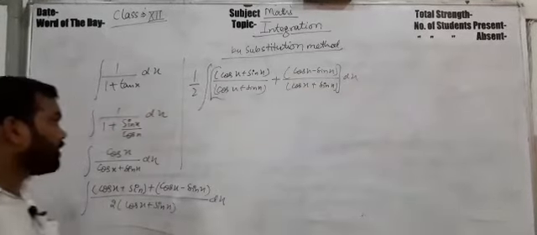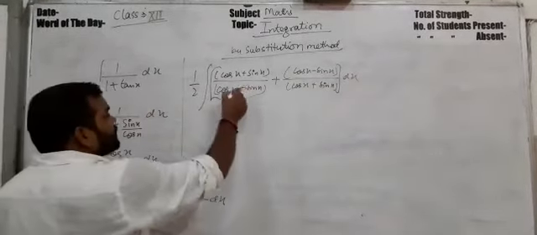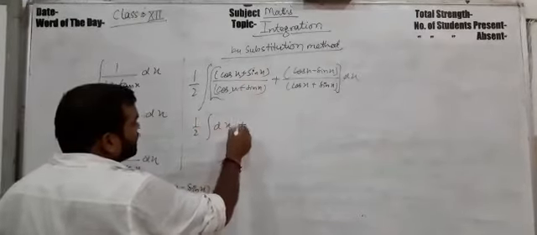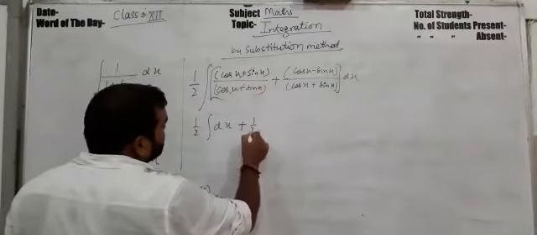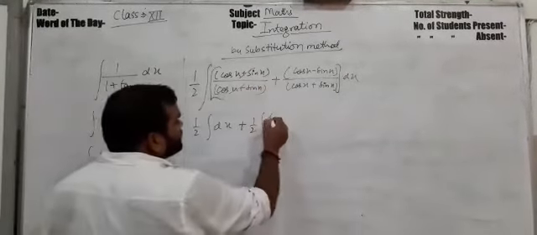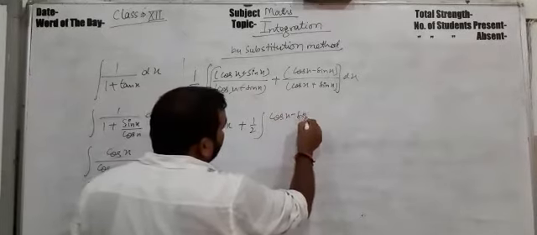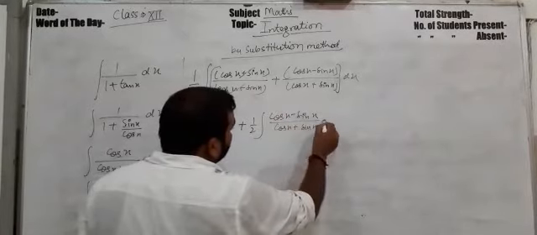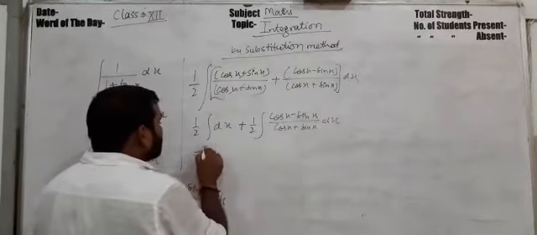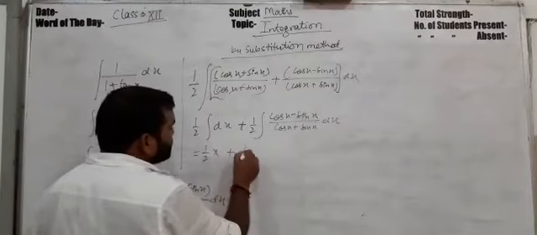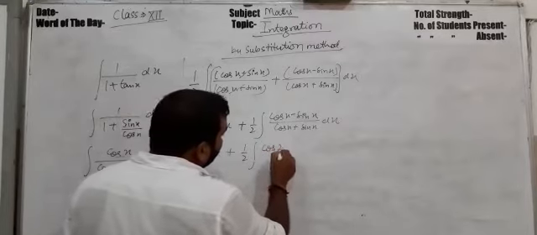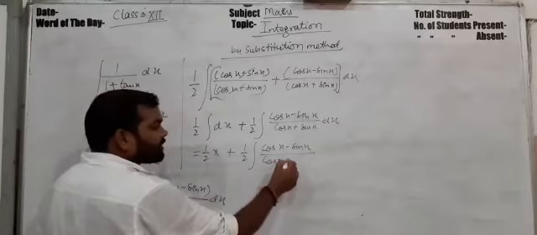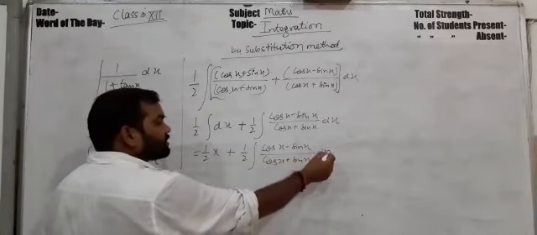Now this cancels, so this becomes half of integral of dx plus half multiplied by the second integral, cos x minus sin x upon cos x plus sin x dx. So this becomes half of x plus 1 by 2 integral of cos x minus sin x upon cos x plus sin x dx.